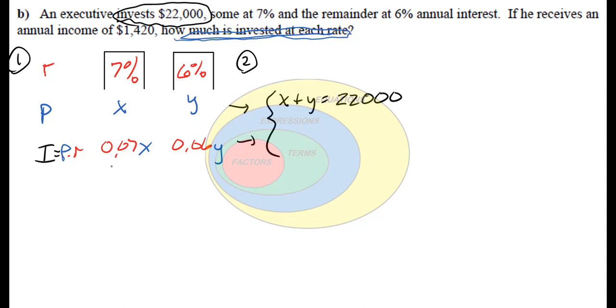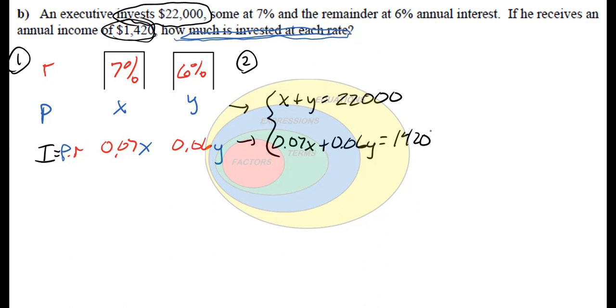And then the interest, if I look at the interest, it says that receives an annual income. Well, that means the total interest is $1,420. So if I take the interest 0.07x plus 0.06y, I should get the total interest, which is 1,420. All right, so there's the setup.